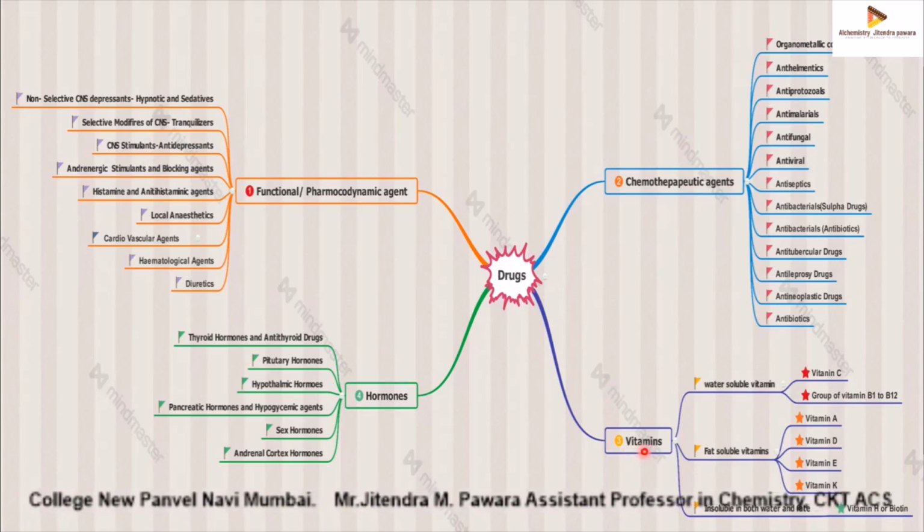Then the third broad class is vitamins. These vitamins are organic compounds which are required by an organism in small quantities for normal health and growth, but most of them are not synthesized by the organism.